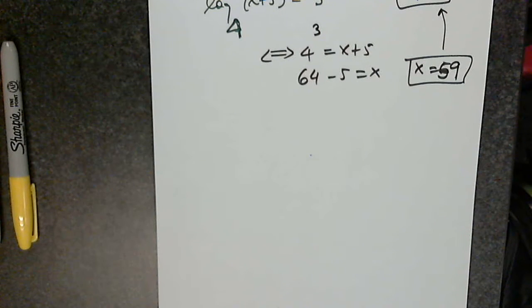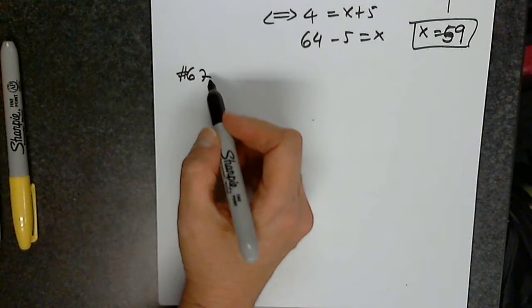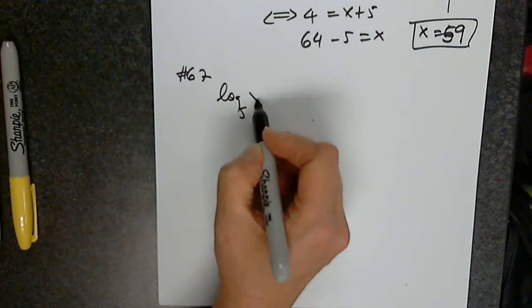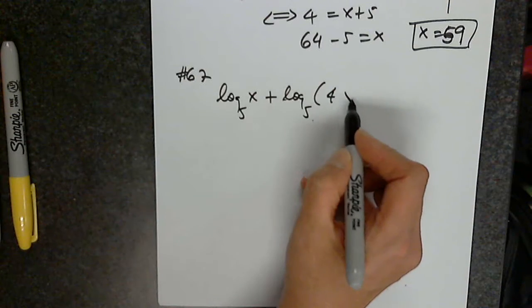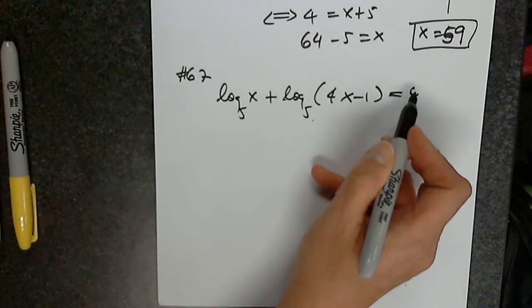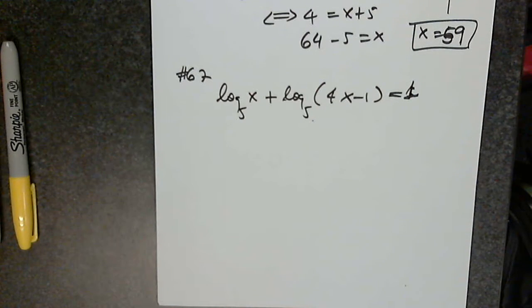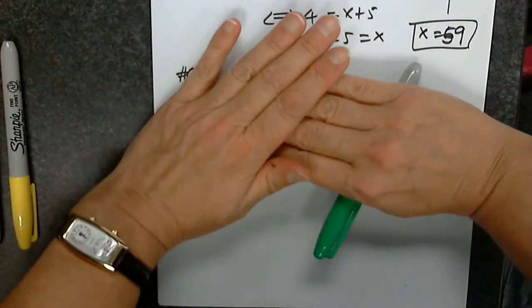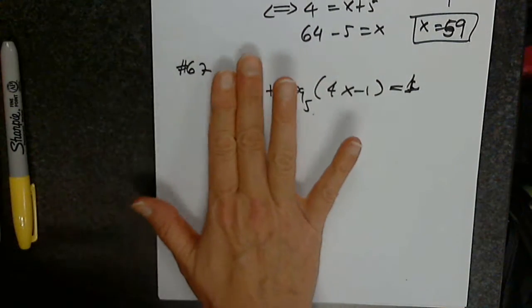Okay, now let's move on to something a little bit more involved, like 67. Same page. Log base 5 of x plus log base 5 of 4x minus 1 equals 1. Now this is a sum of two logs. If you decide to state the domain, I cannot change anything before I find the domain. What is the domain of this function here?